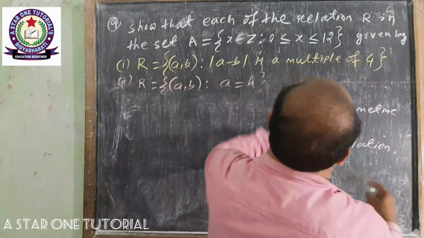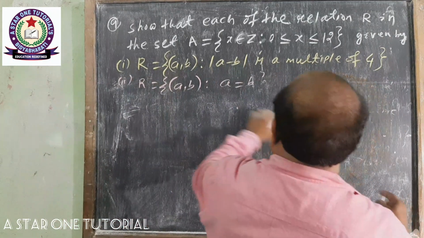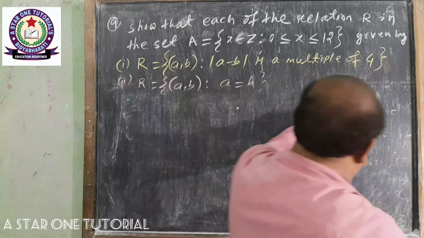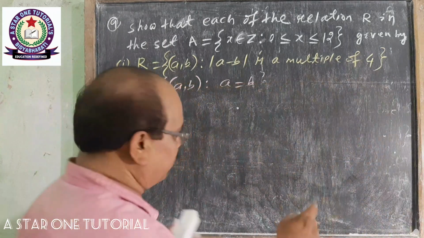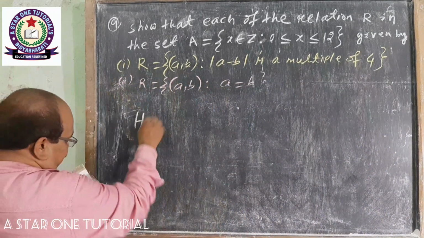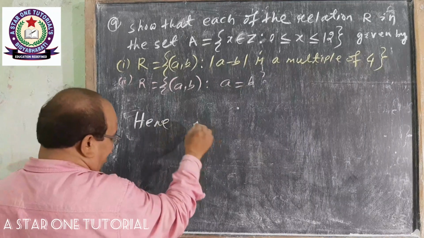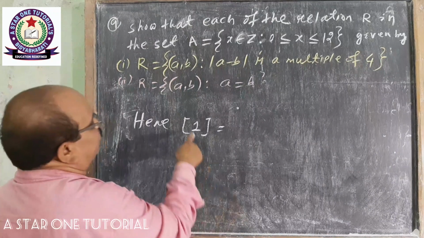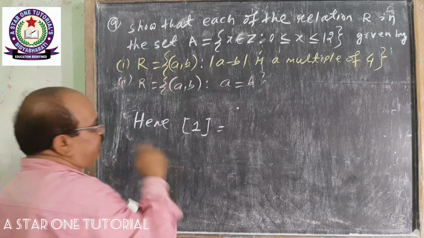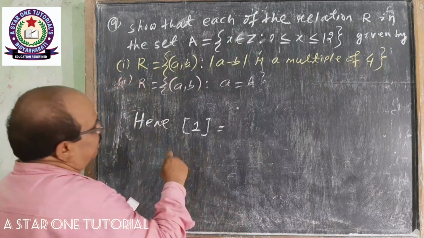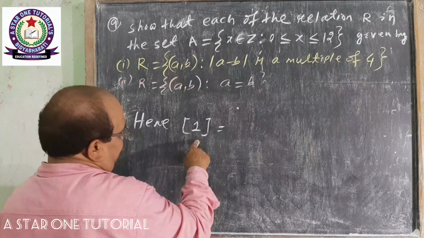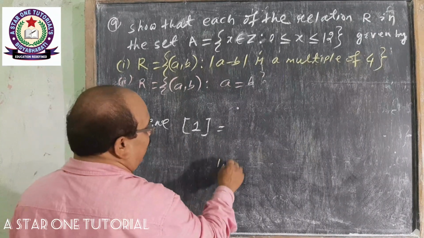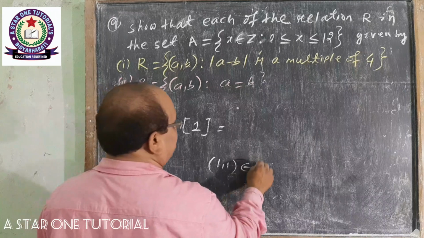Then come to the second part of this question, that we have to calculate the set of all elements which are related to the element 1. Here, the equivalence class of 1 is the set of all the elements related to 1. Now think, if I take 1 with 1, then the pair (1, 1) must belong to R. Why?